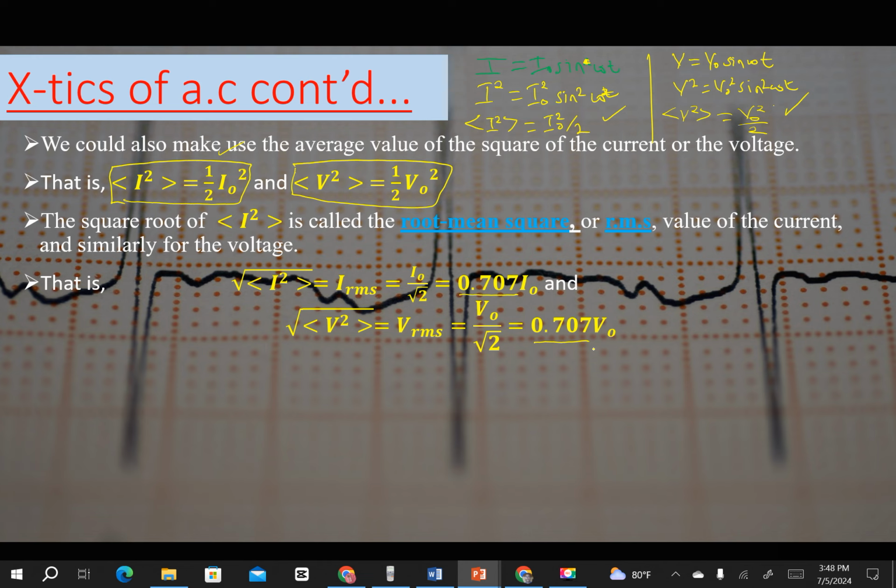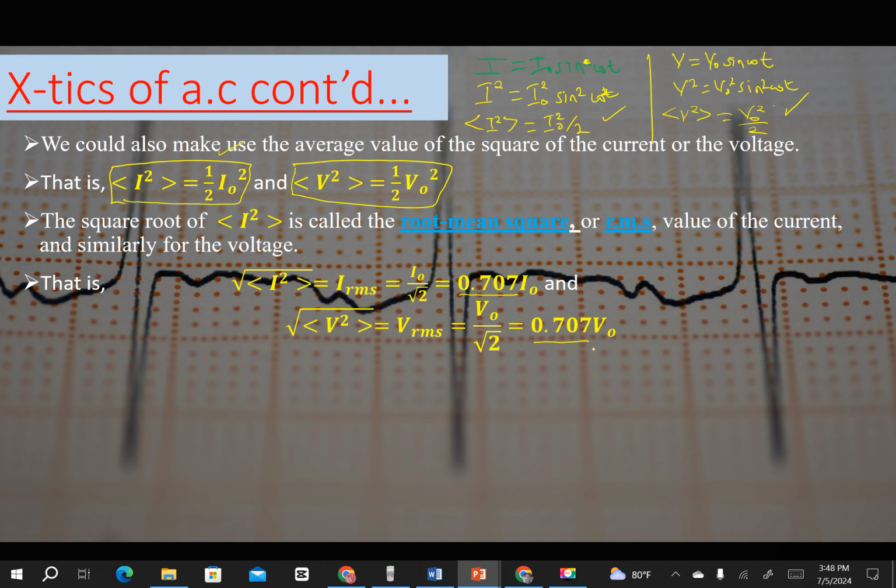Even though the average value of alternating current is 0, what causes an effect when alternating current flows through the wire might be the root mean square values, that is, the square root of the average of the values that we squared initially.